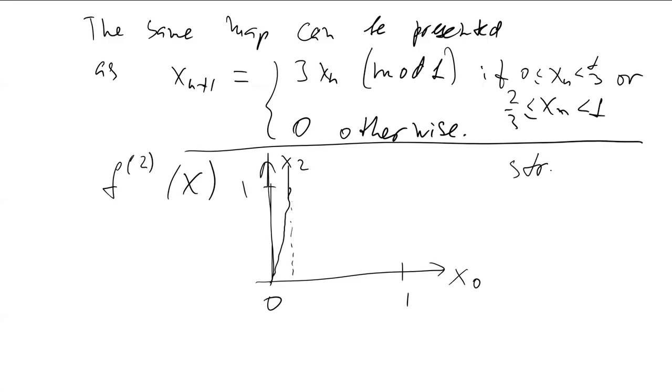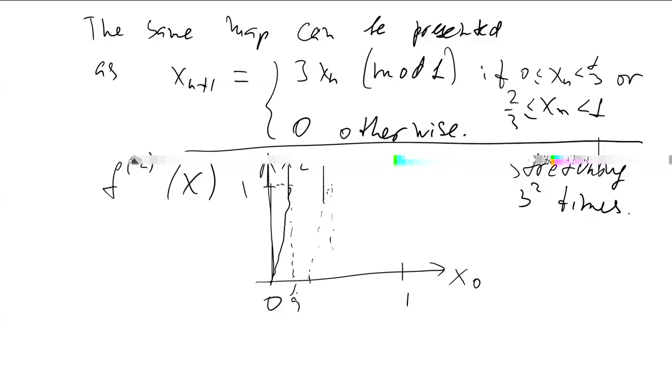It reaches 1 after stretching 3 squared times. Therefore, we will get to 1 when x equals 1/9. Then this piece will be missing again, and again stretching 9 times, from 2/9 to 3/9.